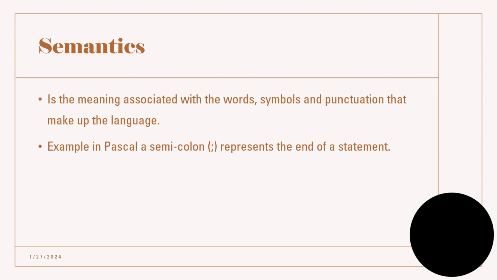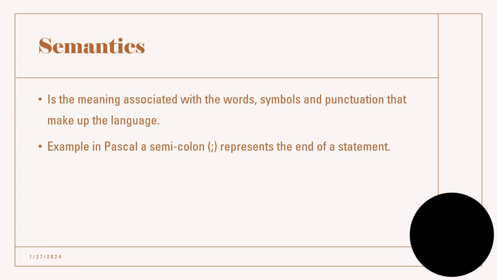What does semantics mean? In semantics, meaning is associated with the words, symbols, and punctuation making up the language. For example, in Pascal, a semicolon means that the statement is finished.